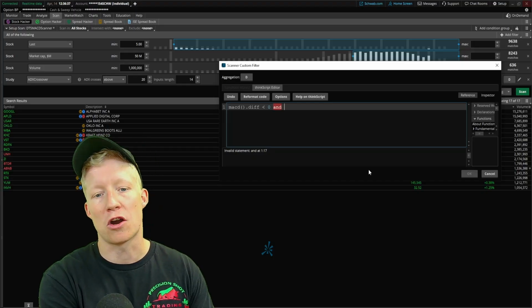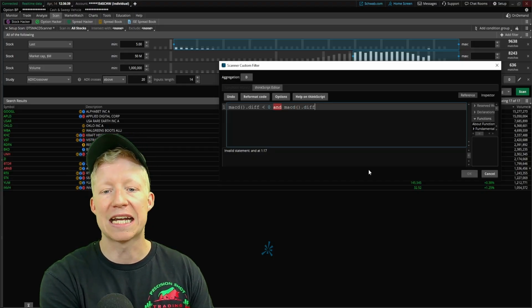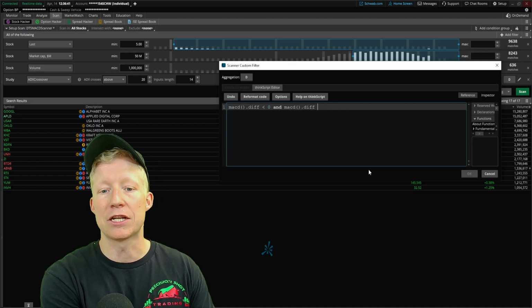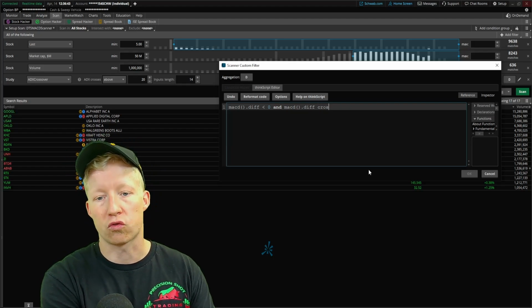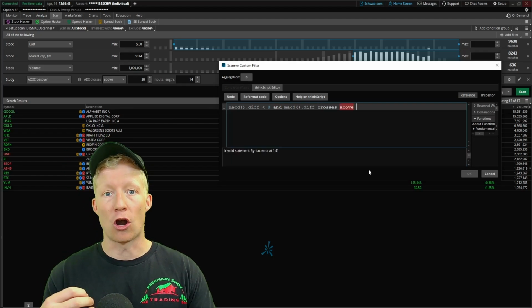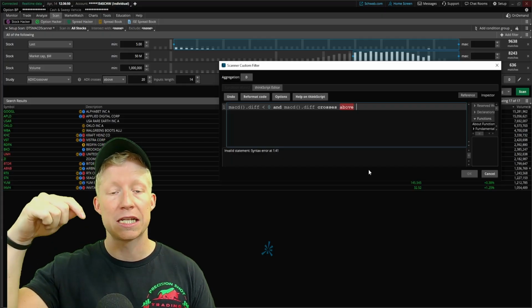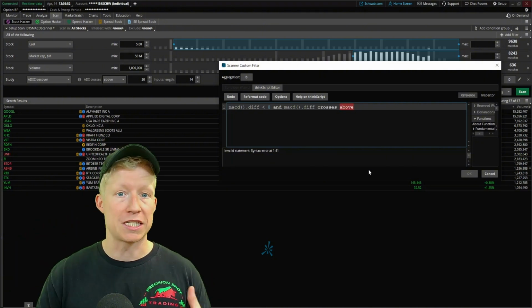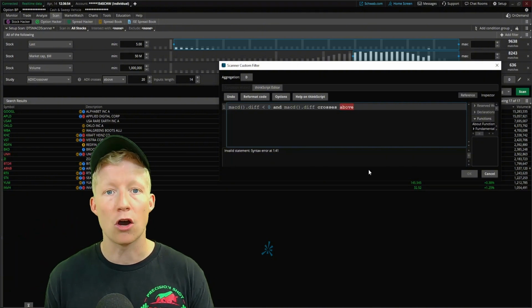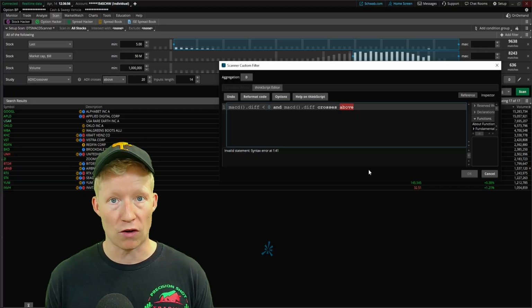So now we're going to go with our equation of the MACD.diff value must be greater than, or actually let's go with crosses above, so that we only return stocks in which it is happening on this bar. That is the difference in using crosses above and crosses below versus less than and greater than, right?